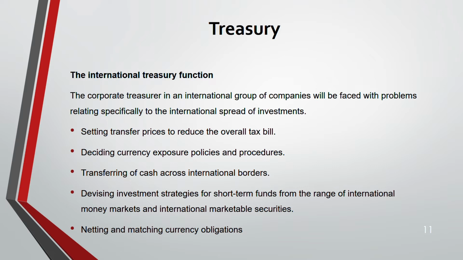And netting: let's say one company is having multiple transactions in the same currency, so you can net off rather than trying to hedge or deal with each one individually.